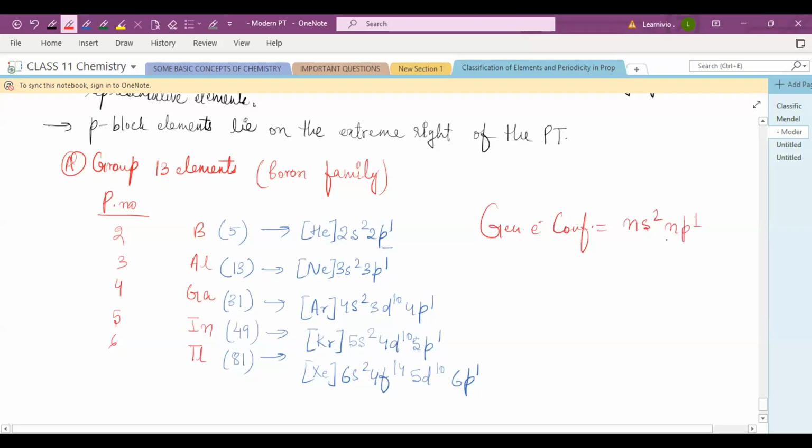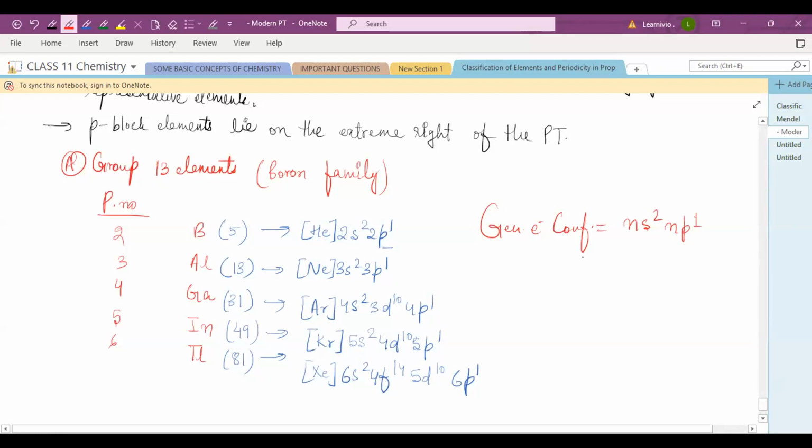Basically the last electron goes in the p orbital, so that's why it is a P block element. The general configuration of group 13 elements is ns2 np1. It's not for group 13 only, it's for the whole P block: a general electronic configuration.